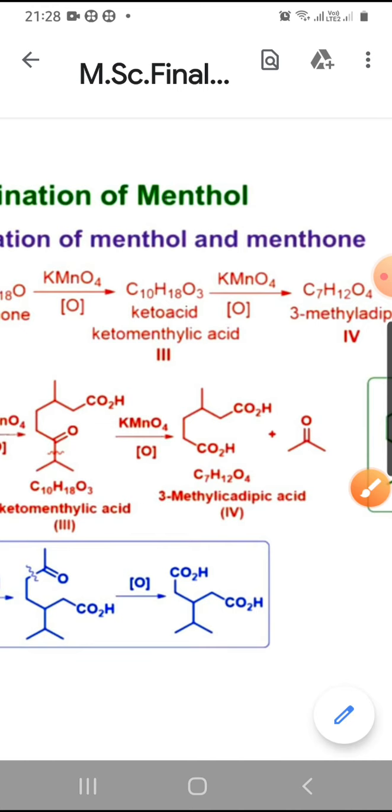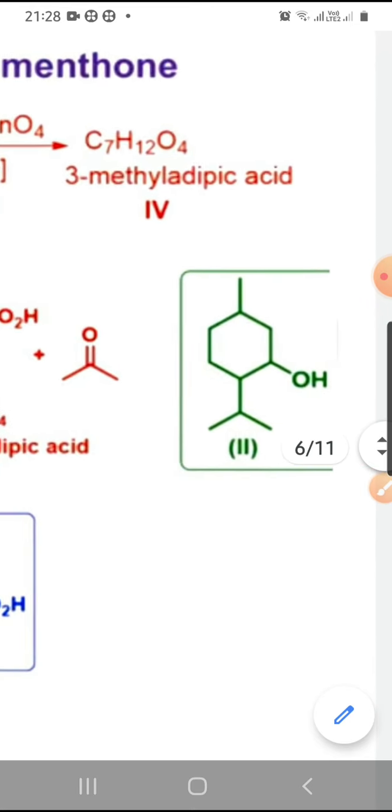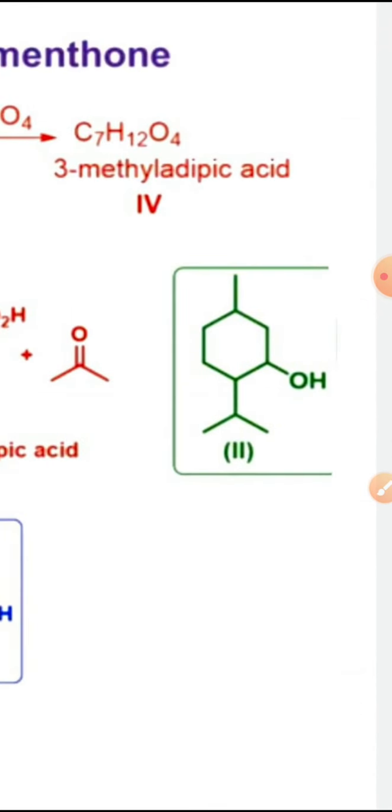And this is possible only when the structure of menthol is like this. The OH group is on the meta position from the methyl group.